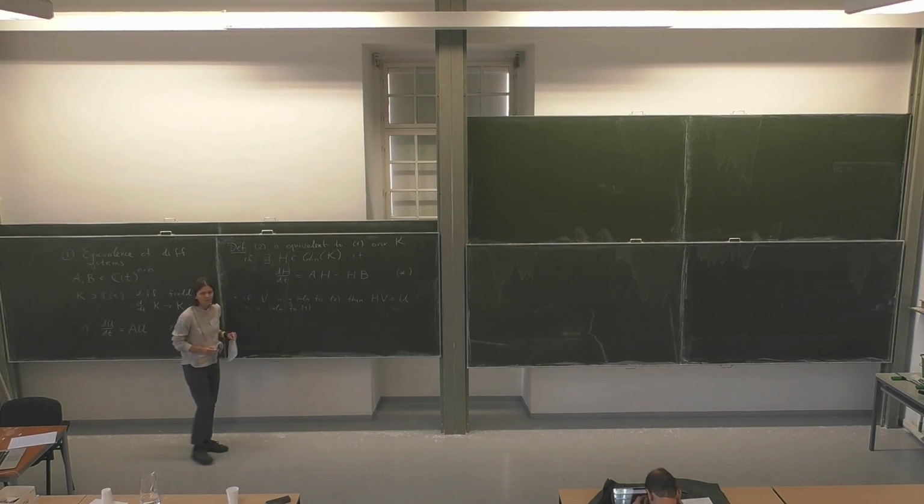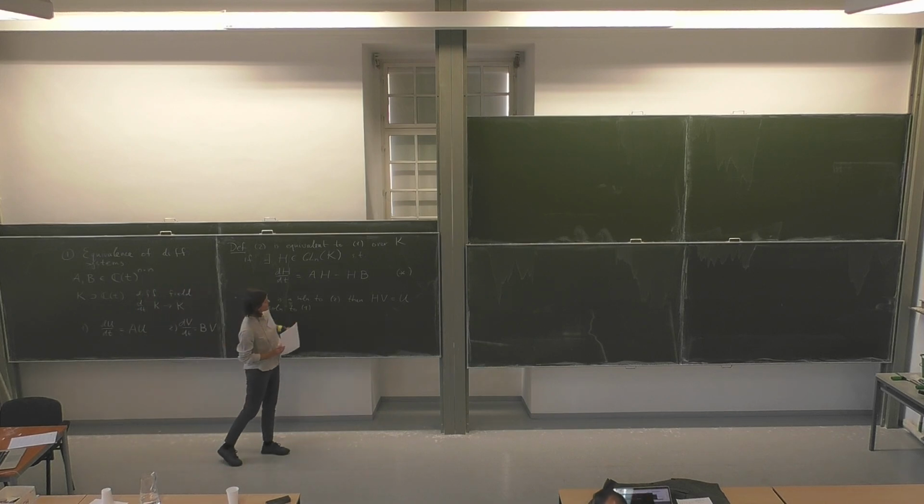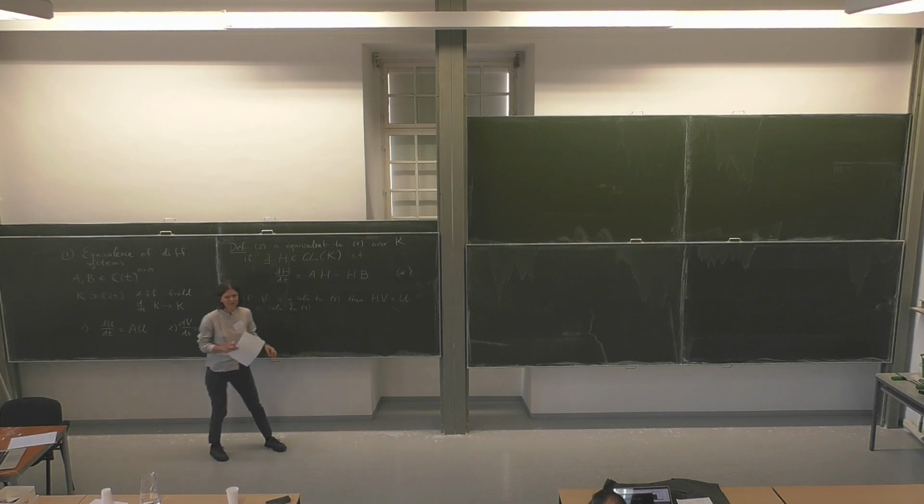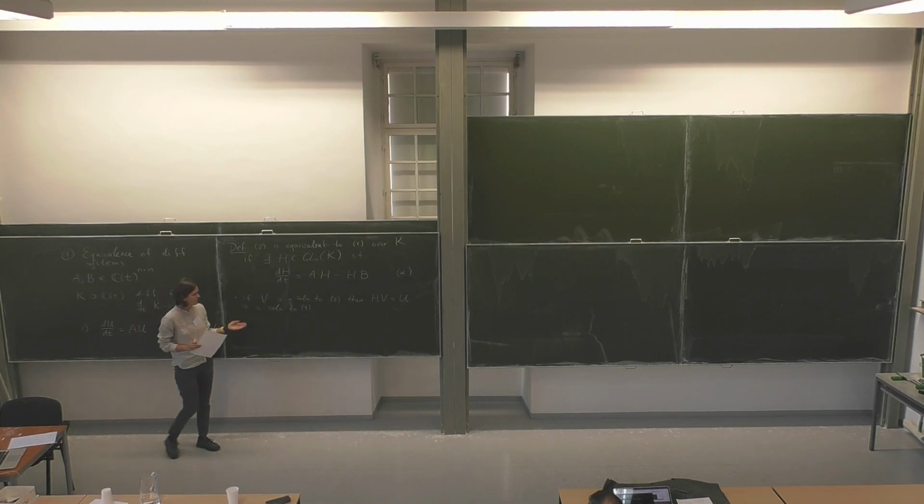Assuming that you can multiply, that this K contains the entries of U and V, say. So I'm just going to formally check this property.